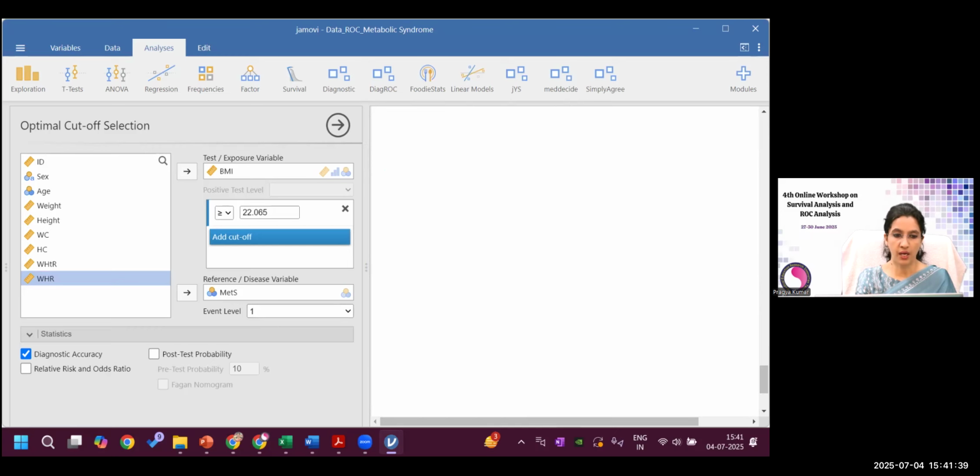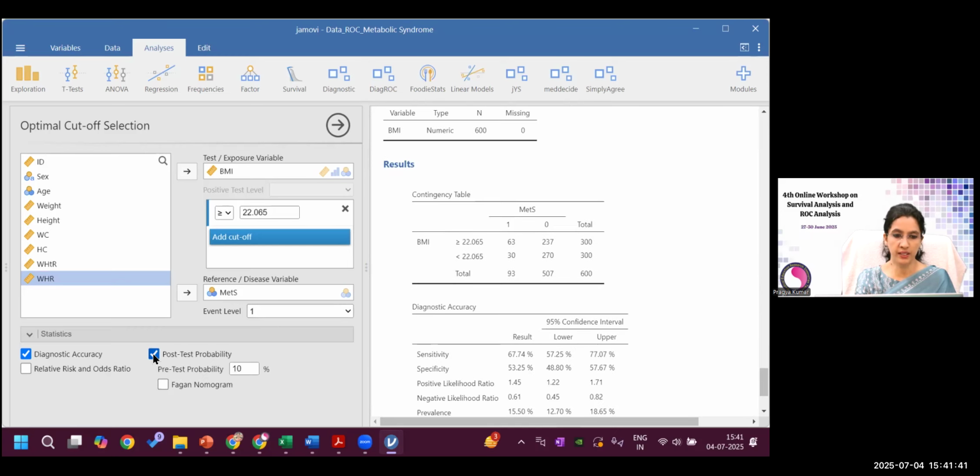And now I need to see this post-test probability where I have set the pre-test probability as 10%. It means I'm assuming that if the cutoff is more than 22, then generally what is the prevalence of metabolic syndrome? So let's say the prevalence of metabolic syndrome is 20.